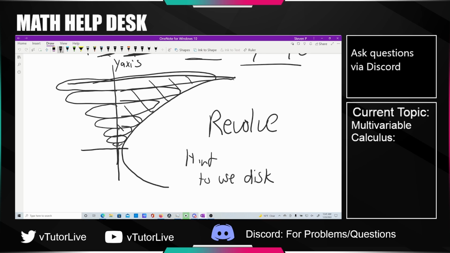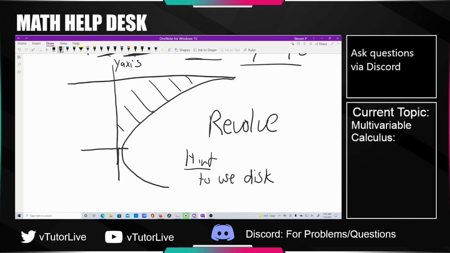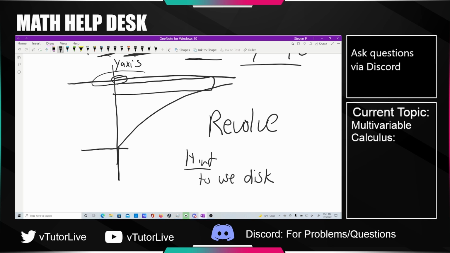But the point is, if you don't want to rely on hints like this, then just always ask yourself what is happening here. Just to draw it again, we've got this shaded-in region. It looks kind of like, not quite a triangle. If we're revolving this around the y-axis, then every single one of these would-be rectangles gets spun around into a disk of infinitesimal height.